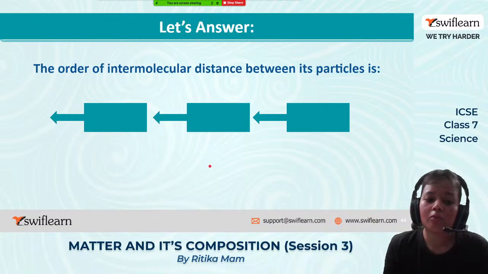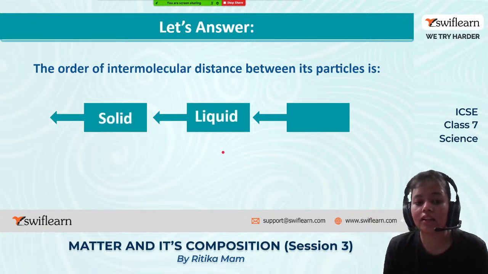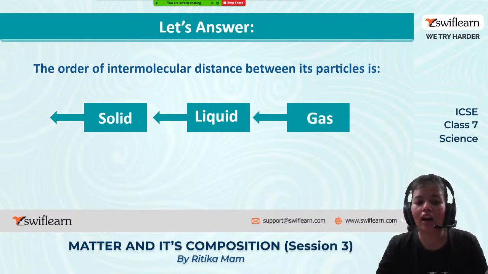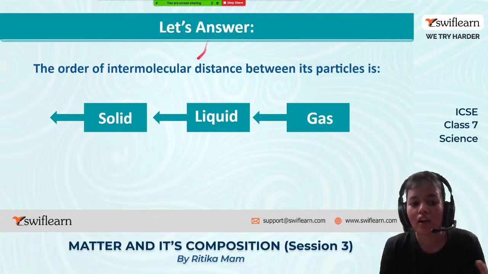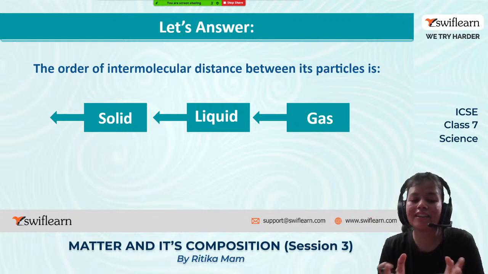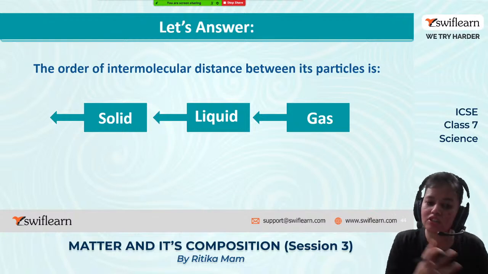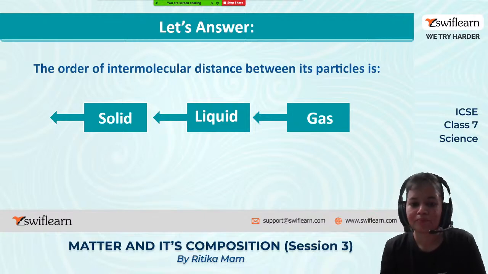The intermolecular distance is highest in gases. Then the liquids, and then the solids. Why solids? Because solids are very tightly, very rigidly packed, and they cannot change their shape, they cannot move here and there.